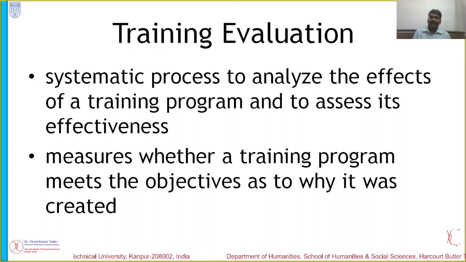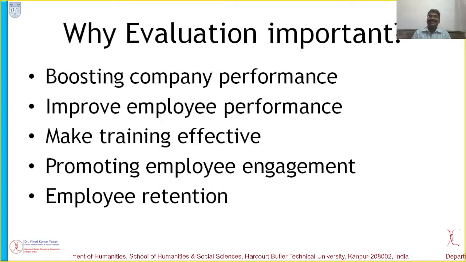So effectiveness is whether that training information is being utilized, and finally whether the objective is fulfilled or not. So there is a systematic process of analyzing the whole training program. It measures whether the training program meets the objective for which it was created. It becomes very easy.